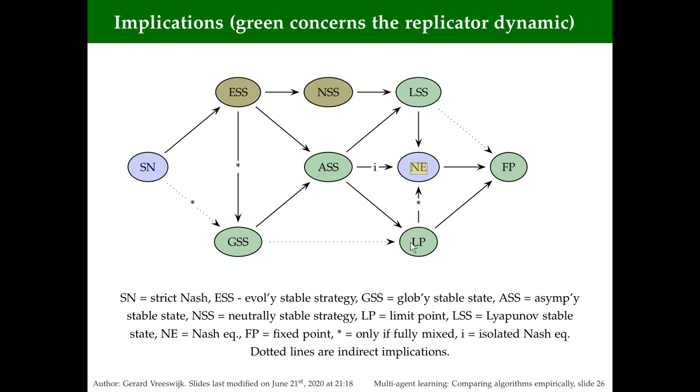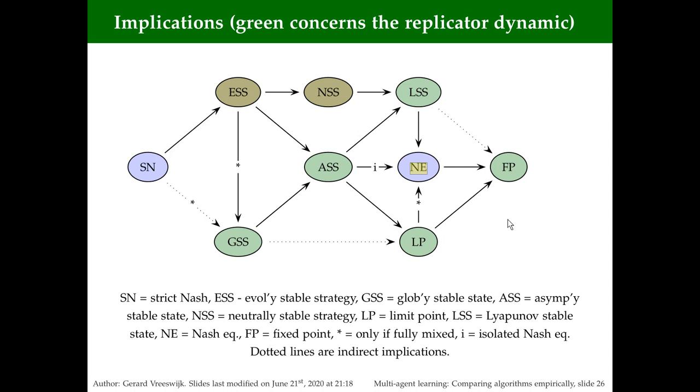And of course it's very natural to give every contender a positive probability, because you want to give every contender the benefit of the doubt, a fair share to take part in the competition. So this is a very reasonable assumption. If you have a limit point in the replicated dynamic, and that replicated dynamic started in the interior, then you arrive at a Nash equilibrium. If all this doesn't make sense to you, please go back to my presentation on the replicated dynamic.